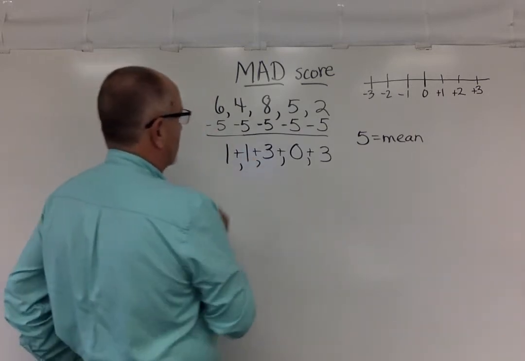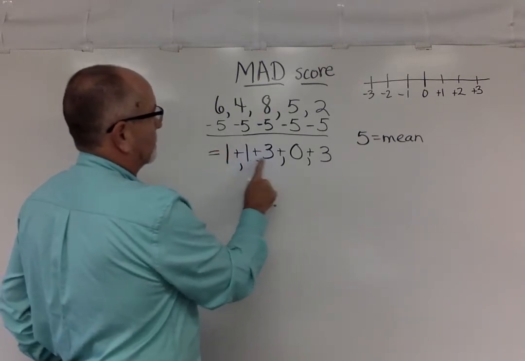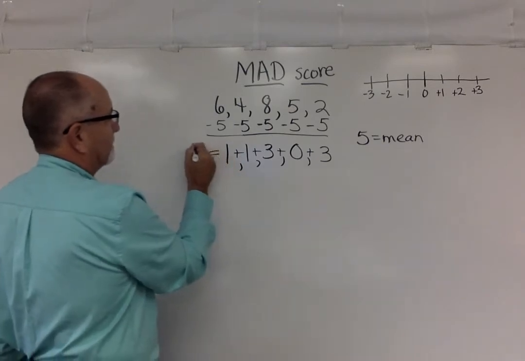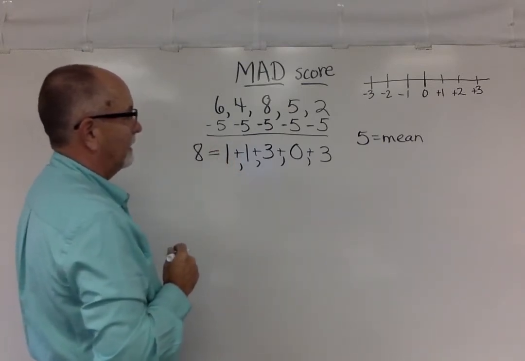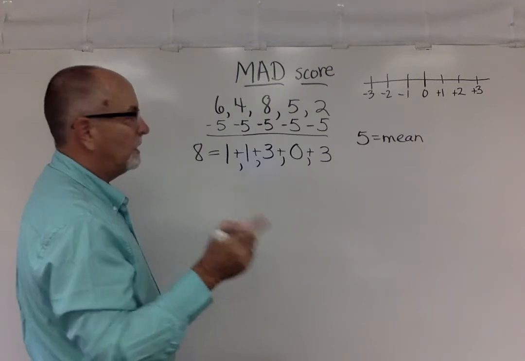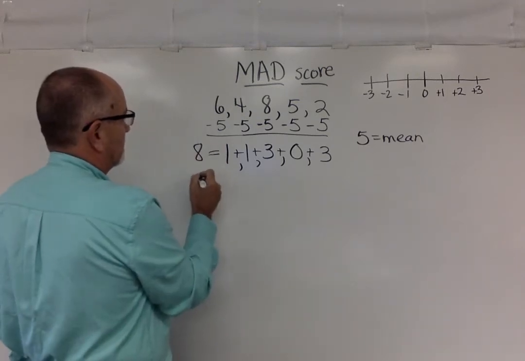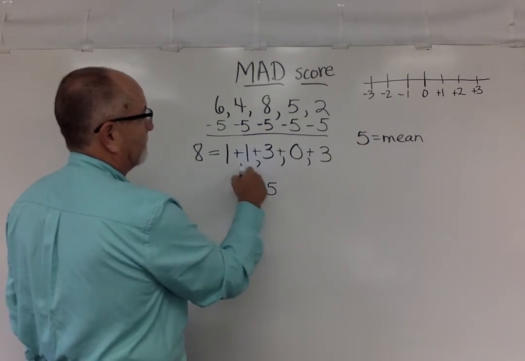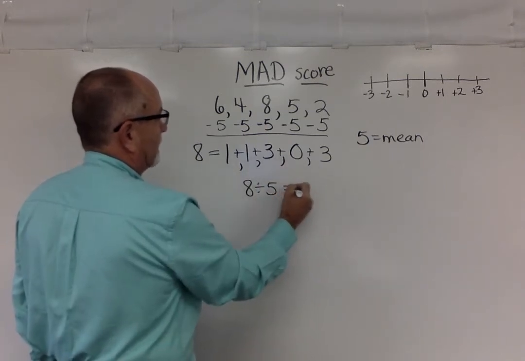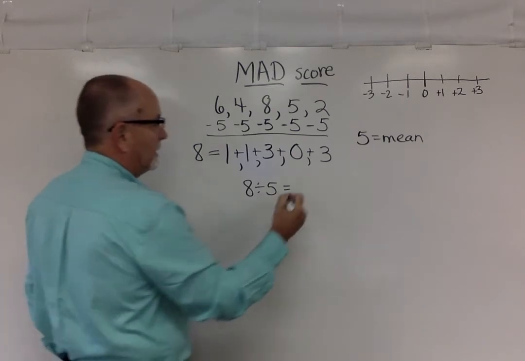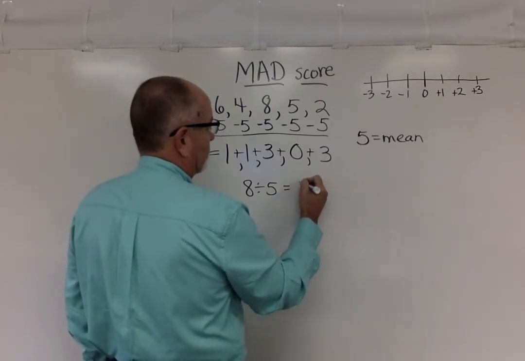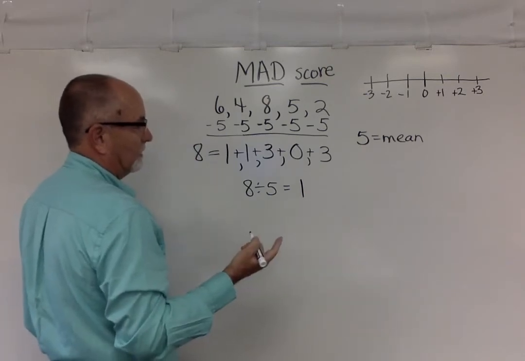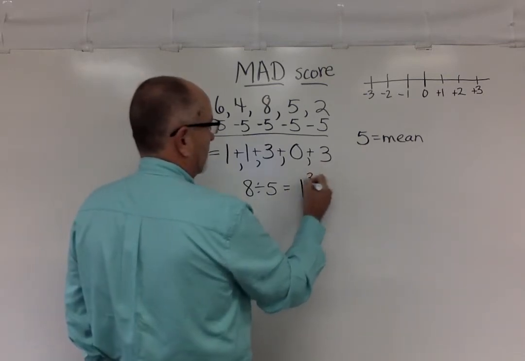So we add these up and we're going to get 1 plus 1 plus 3 is 5, plus another 3 is 8. And we take that, and to find the average or the mean, I divide 8 by 5, because there are 5 numbers, you have to count the 0 also. 5 goes into 8 once, and then it has a remainder of 3, so 3/8.